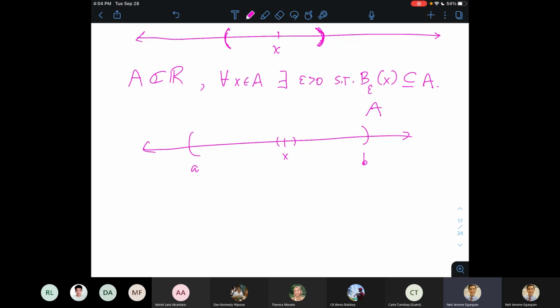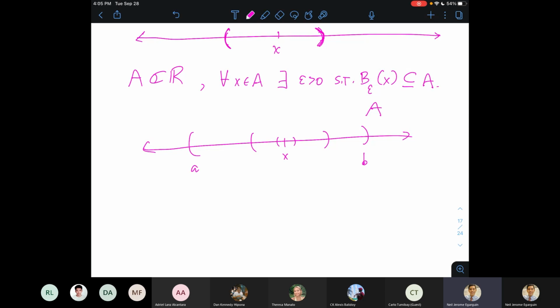So I can pick this epsilon neighborhood. It doesn't matter how big or small that epsilon neighborhood is. The only requirement is the existence of an epsilon neighborhood that is properly contained in A.